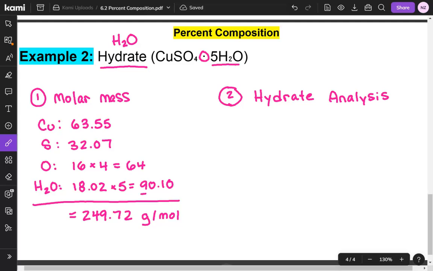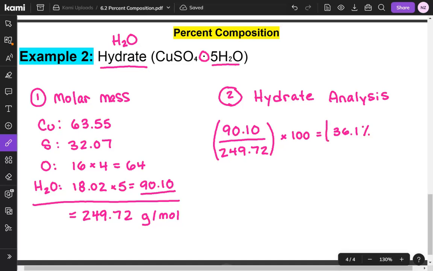So the total mass of water is 90.10 in this compound, and the total mass is 249.72, and let's multiply that by 100. So when I do the math here, it's 36.1%. So that is the mass of just the water in our compound. And that's pretty much it for percent composition.